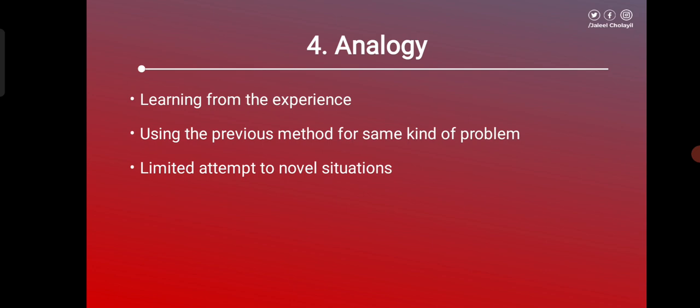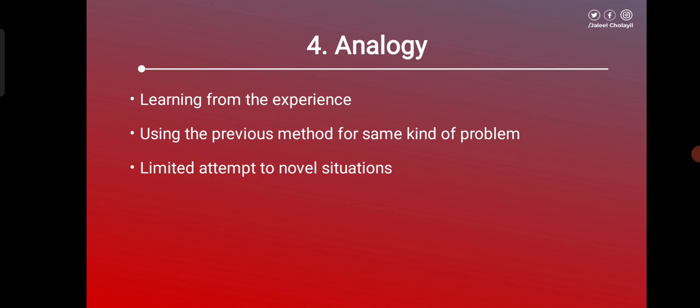It's not a different kind of problem or a different perspective. It's the same perspective, same kind of problem, same issues addressed. At that time we use the previous method for solving the problem. This is one of the common and very familiar methods of problem solving.